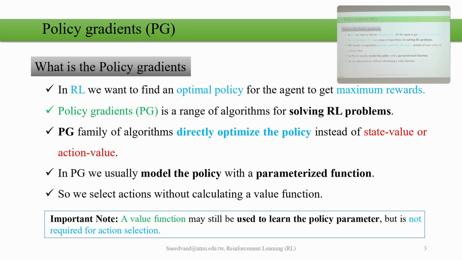So, as I mentioned, we don't want to calculate the value function directly. Actually we say a value function may still be used to learn policy parameters, but it is not required for action selection. We will see that, to evaluate the policy, we need to have some calculations.